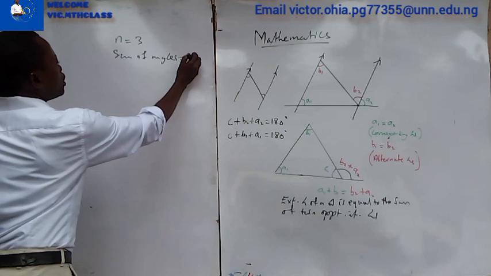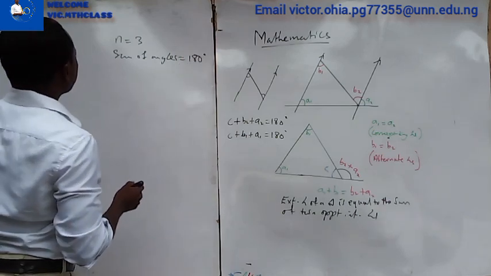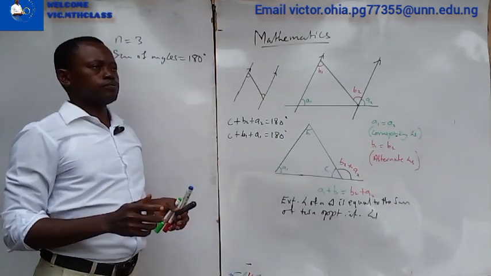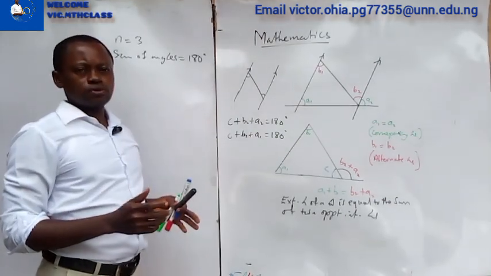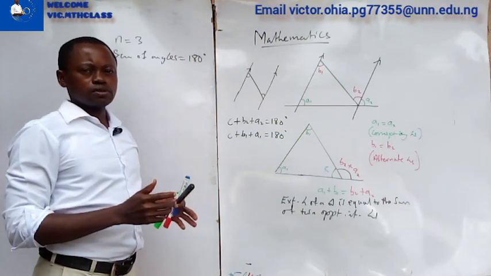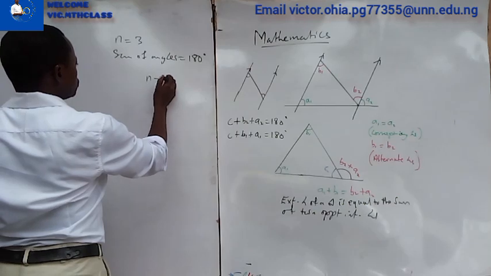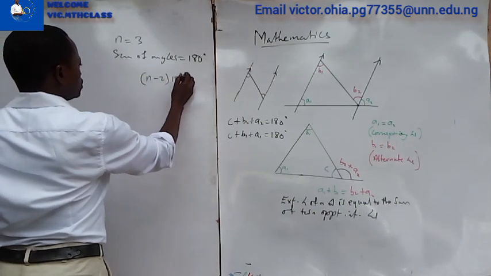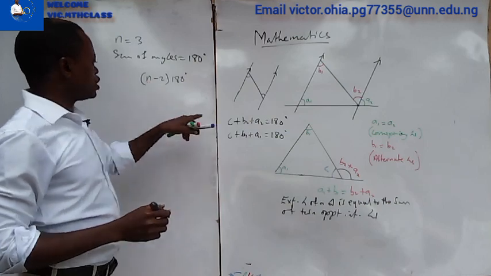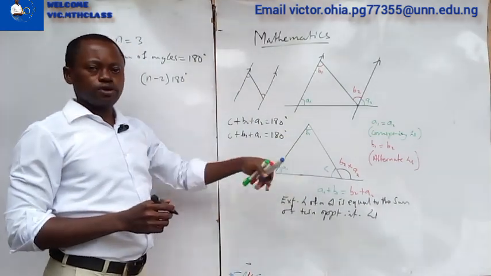and the sum of the angles being 180 degrees. So you will realize that there is a general expression that we use in obtaining the sum of angles in a polygon. That expression is (n minus 2) times 180 degrees. This n here is the number of sides in that polygon.